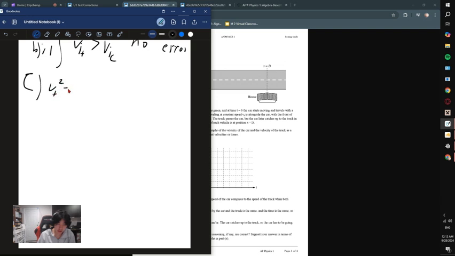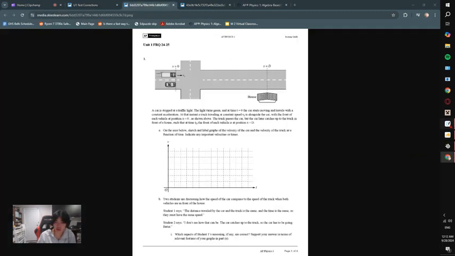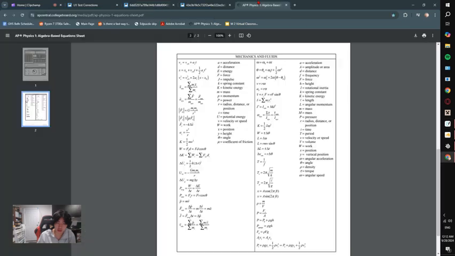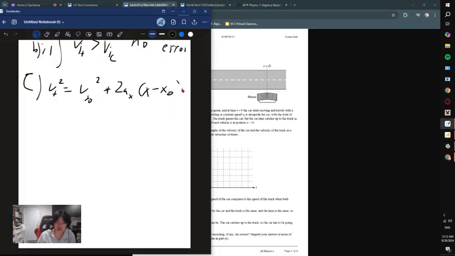V of t squared equals what? V of x of 0 squared plus 2a x times x minus x of initial, right? Yes. So we can just cancel this out because that's just 0.